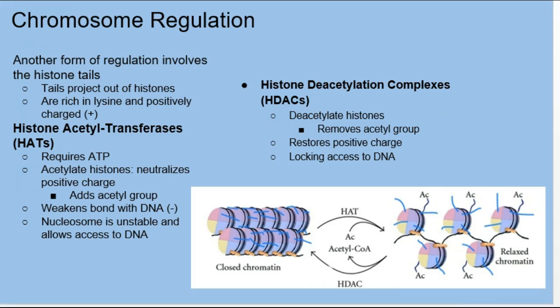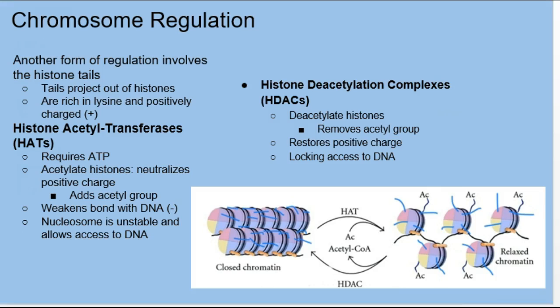These require the use of ATP, and they acetylate the histones, which neutralizes the positive charge by adding an acetyl group. This weakens the bond with DNA because DNA is negatively charged. So this makes the nucleosome unstable and allows access to DNA because DNA can unwind from the nucleosome.